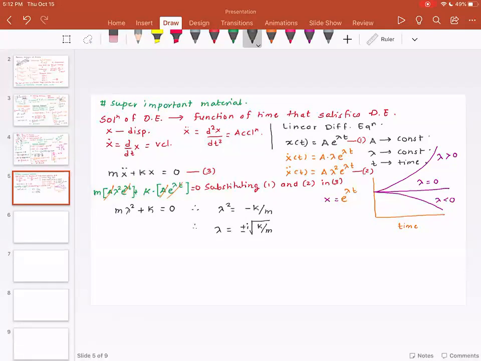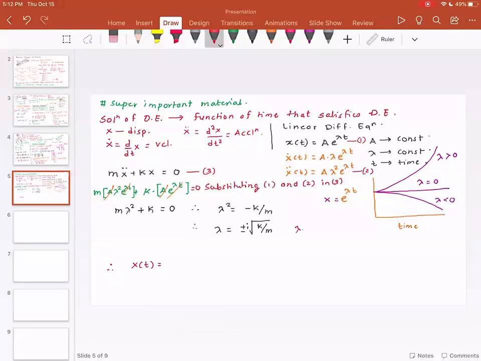And believe it or not, this is the solution of the differential equation. So my solution of the differential equation is going to be x of t is equal to, there are two possible lambdas.